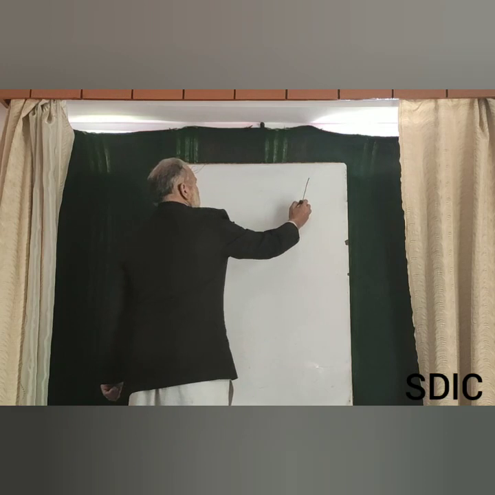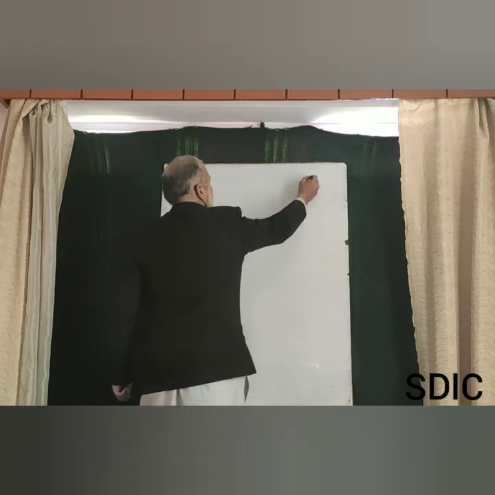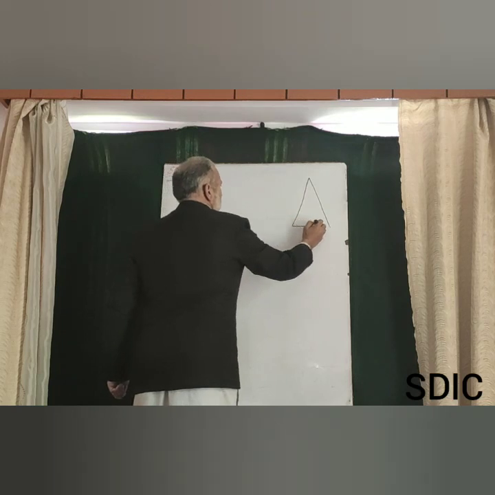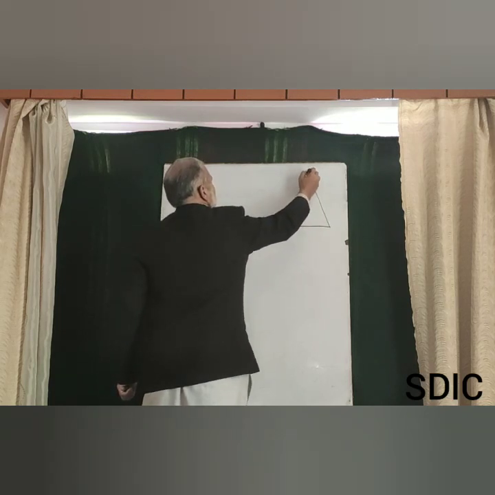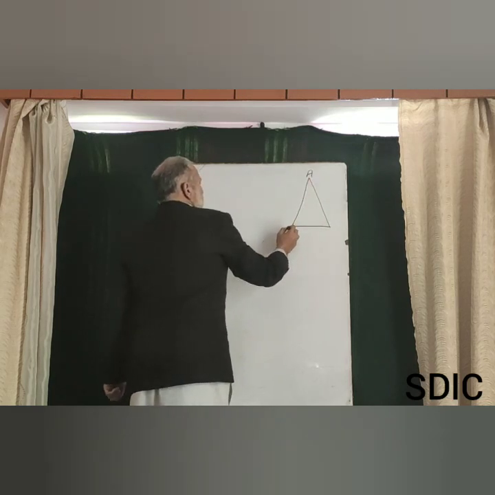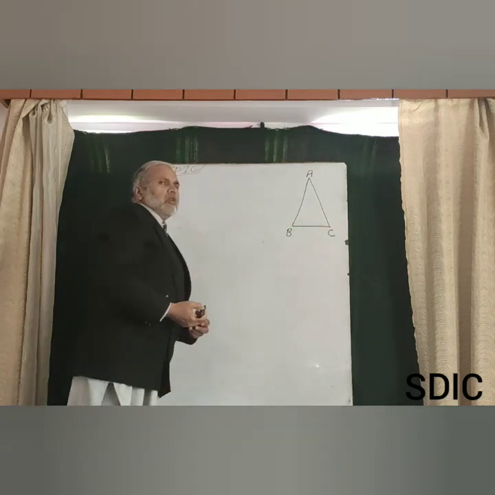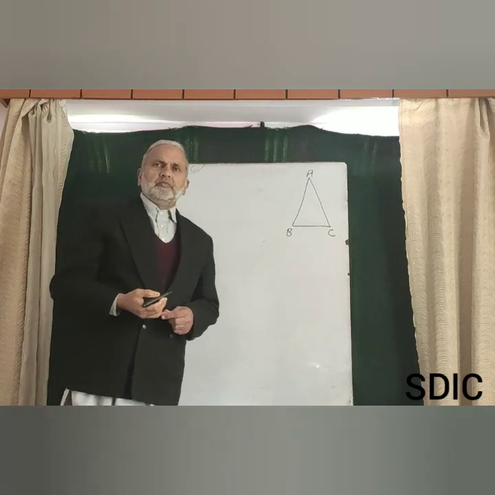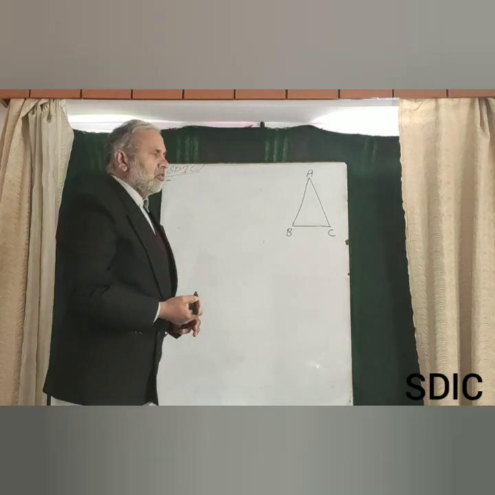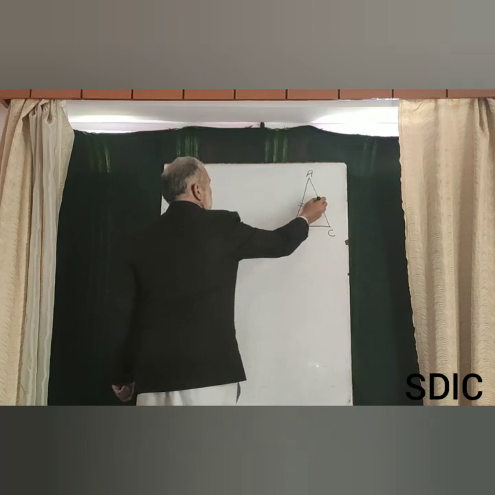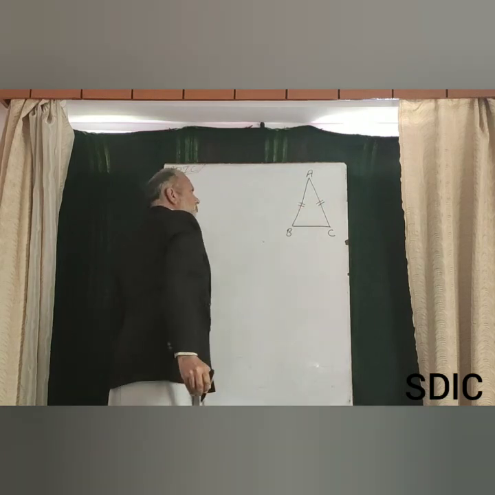Diagrammatically, these two results can be shown like this. Consider the triangle ABC, which is an isosceles triangle with the side AB equal to the side AC.